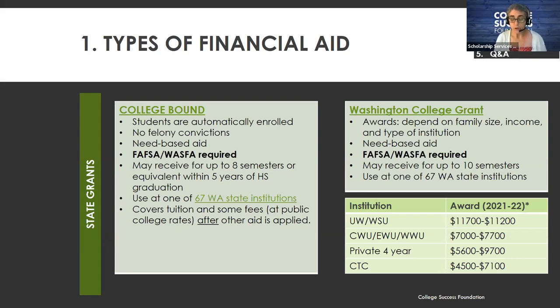So the first one is the College Bound Scholarship. As you may know, this is an early commitment of state financial aid to eligible students who enroll in middle school and meet the pledge requirements. This scholarship covers average tuition at public college rates, some fees, and a small book allowance at over 66 colleges and universities and technical schools in Washington.